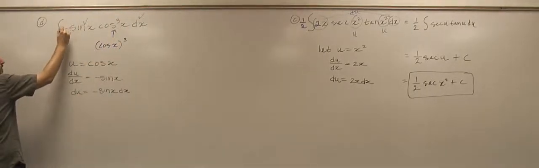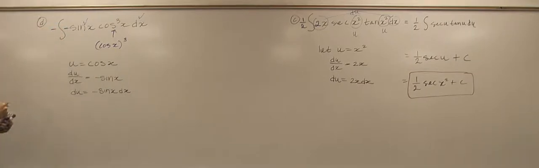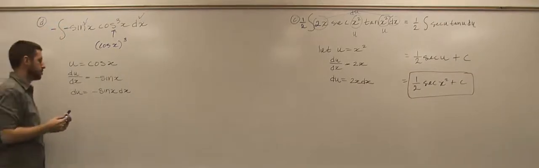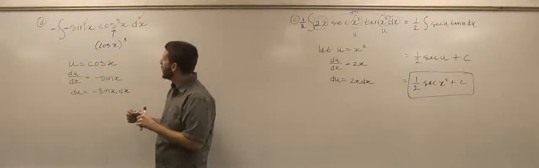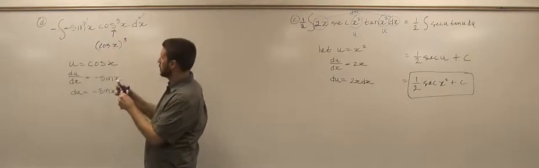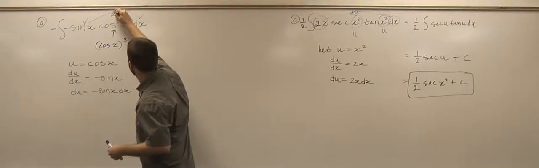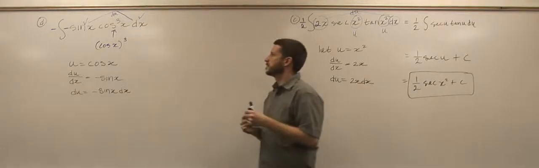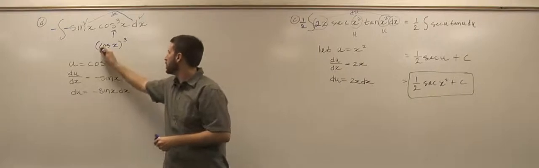So I force it in there. I'm going to put a negative right here, and I balance it out with a negative out front. Then I have my du right here. And then I have my u.